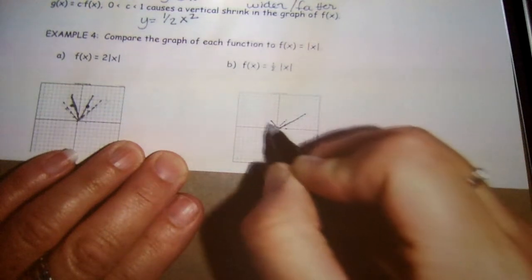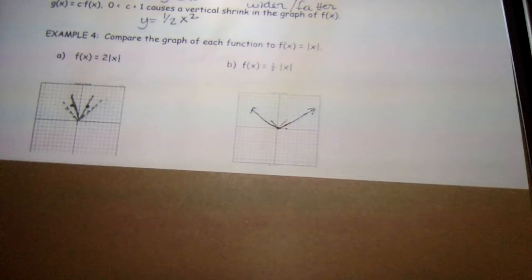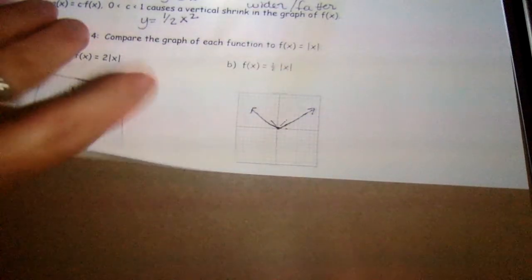So that fraction takes those absolute values and makes them grow not quite as fast. Questions? So that's what happens if it's outside the function.